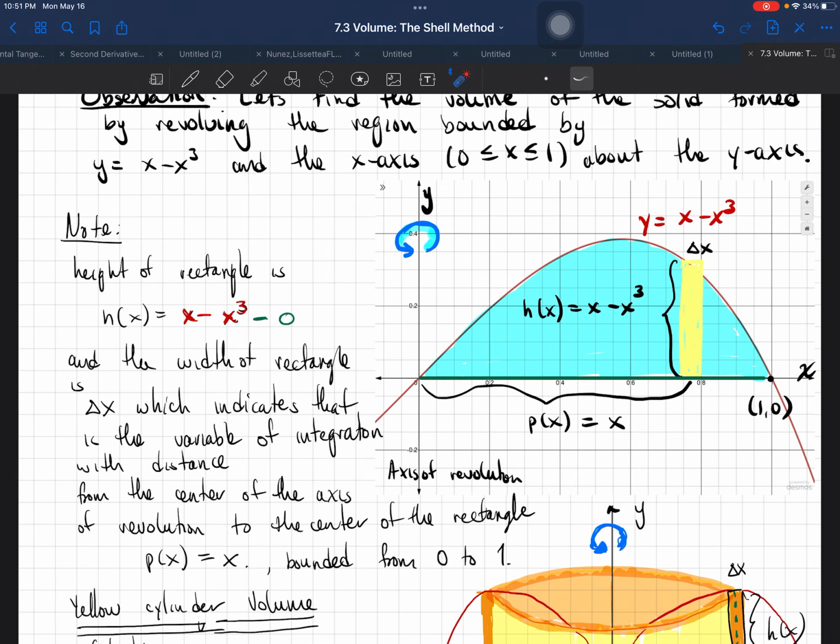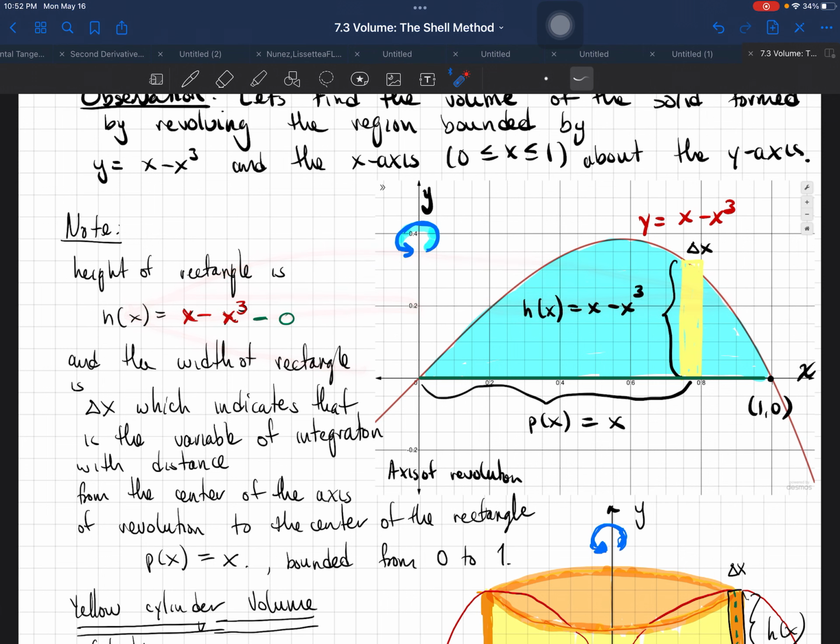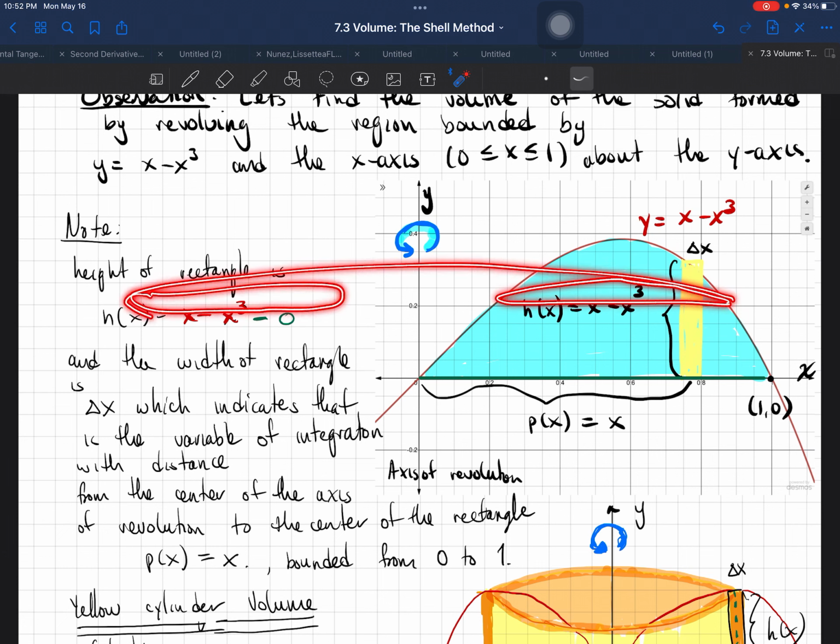One thing you will notice that's different is that with the previous method, when the rotation axis was like this, we usually had discs or washers, and when we rotated them we had sort of like a washer, like this, and like this.